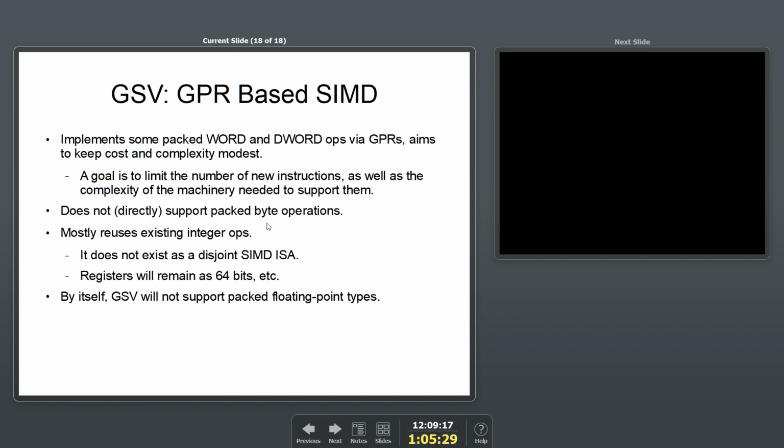So all the memory load and store and all that stuff is basically the same as it would be for normal scalar code, or for scalar integer code. Does not exist as a disjoint SIMD ISA. Similarly, same registers and mostly the same operations in both cases. And yeah, registers remain as 64 bits.